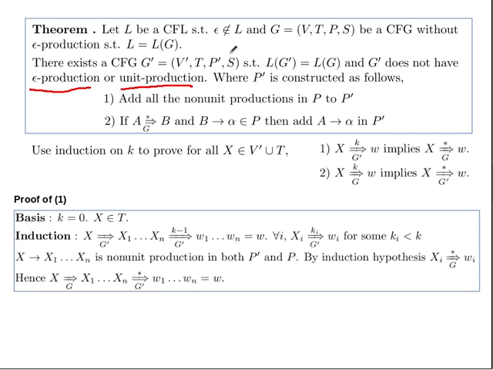So if we have the production rules here as P prime and here we have P, we add all the non-unit productions in P to P prime, right?